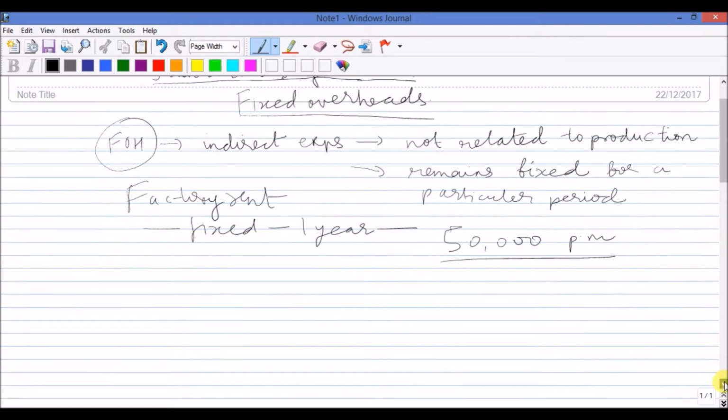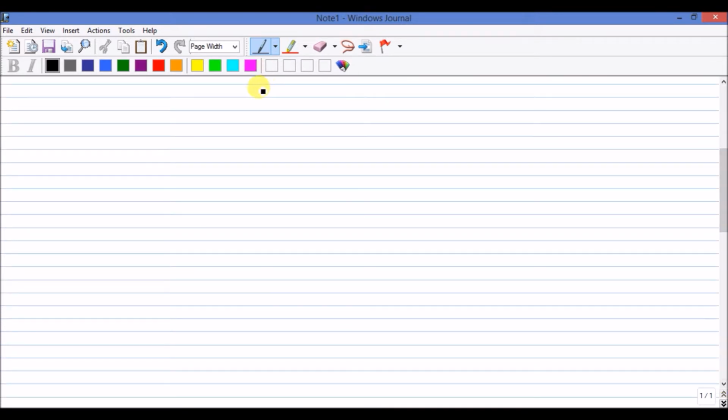Now I'm going further. In standard costing, we have fixed overheads cost variance. So this is a fixed overhead cost variance.